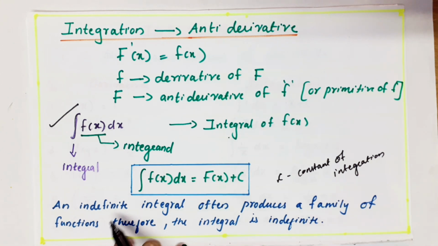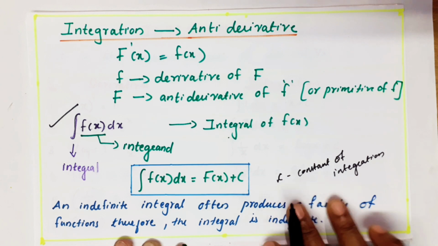So I can say that an indefinite integral produces a family of functions. Therefore, the integral is indefinite. I told you first we get a general solution, so we are getting a family.